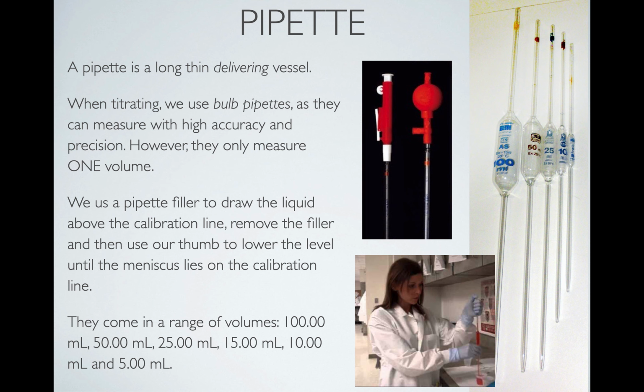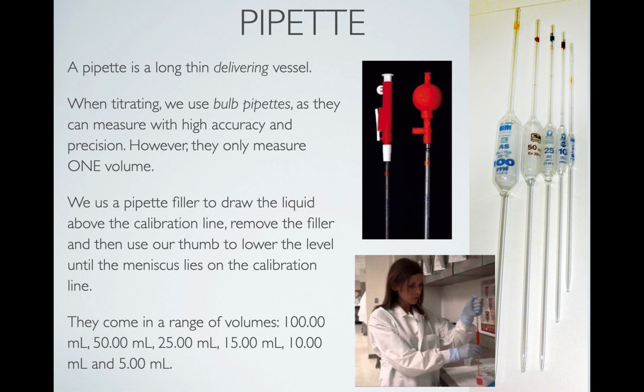What we need to do, as I've shown you in another video, is suck the liquid up above the line and then take the filler off, put your finger on, and use your finger to lower the level. That gives you a much more precise reading and level, because the best trick when you have a pipette filler on there and you think you've got it to the line is to shake it up and down a little and you'll see the level goes up and down dramatically.